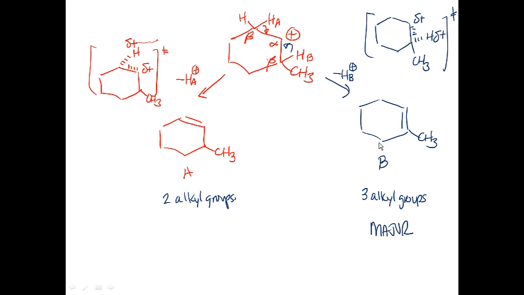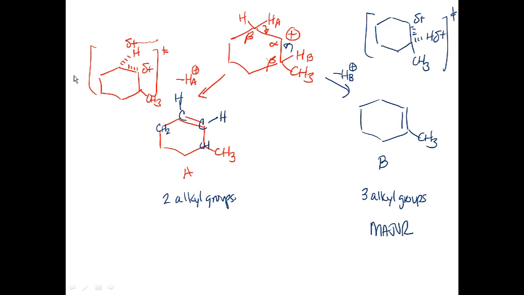Now, how did I know there's two alkyl groups over here? Well, here's my CC bond, and my CC bond has four things attached to it. It's got a CH2 group here, a CH group there, a hydrogen there, and a hydrogen there. You can only have four things attached to a double bond.